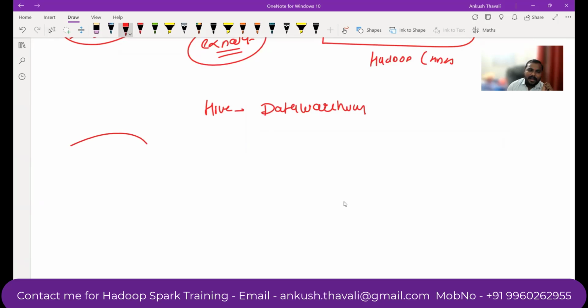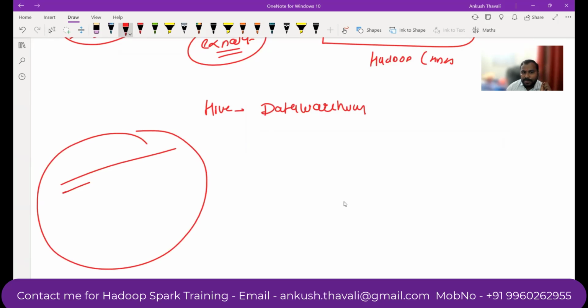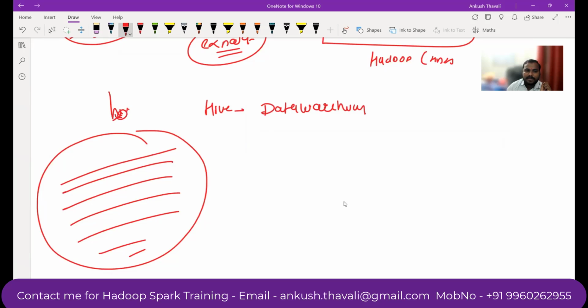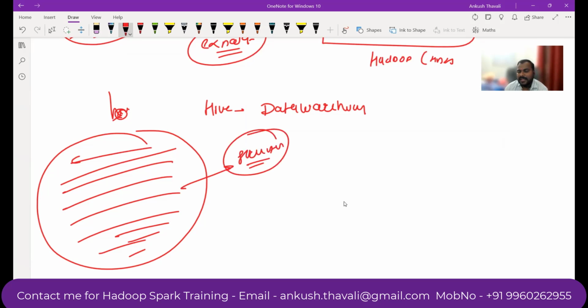Let's say I have a huge amount of data available with me. I observe that this data is structured kind of data. I can give some structure to this data.